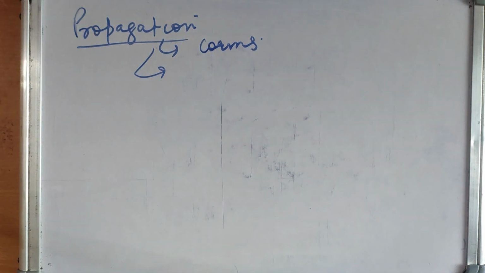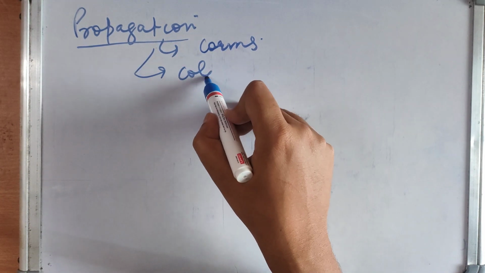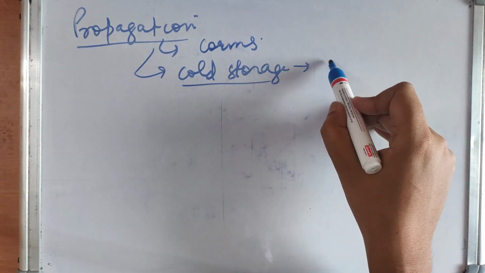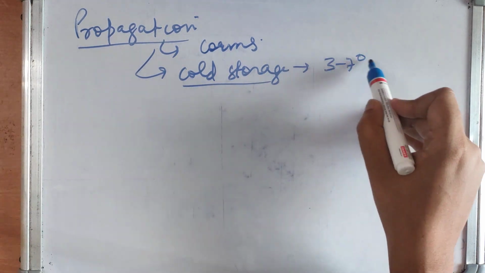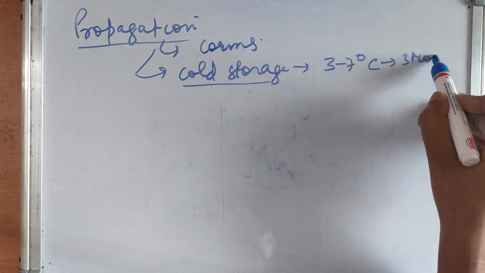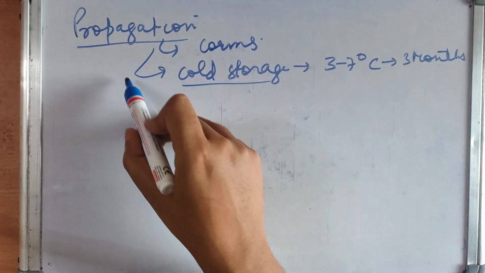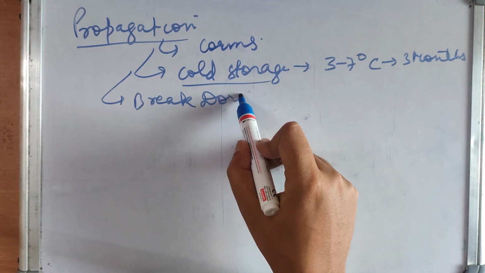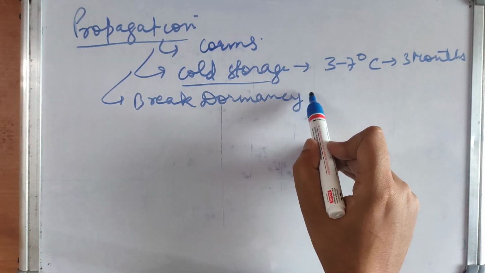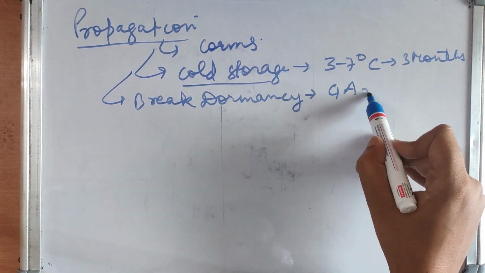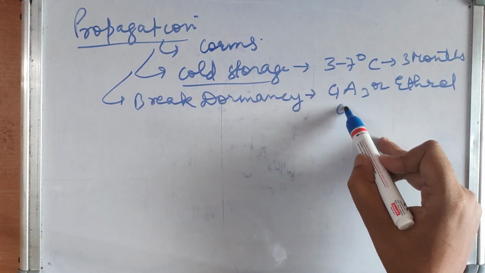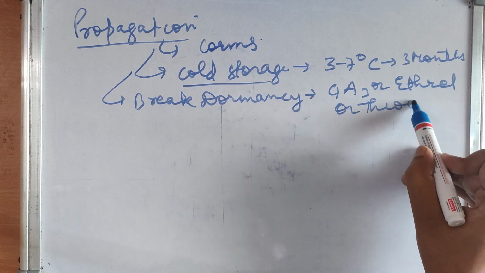Cold storage of corms is necessary, and it should be around 3 to 7 degrees Celsius for 3 months. And for breaking dormancy, we will use GA3 or ethrel or thiourea.